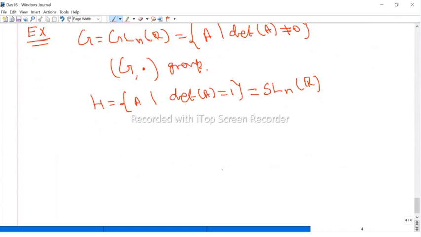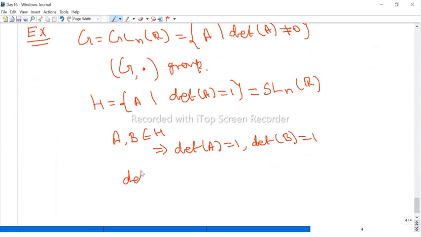We can easily show that this is a subgroup. Why is H a subgroup of G? If you take any two matrices A, B in H, what do we have to show? We have to prove that A B inverse should be in H. We know that A is in H, therefore the determinant of A is 1. And B is also taken from H, therefore the determinant of B is also 1. Now we have to prove that the determinant of A B inverse is also 1. By the properties of determinant, this is the determinant of A times the determinant of B inverse.